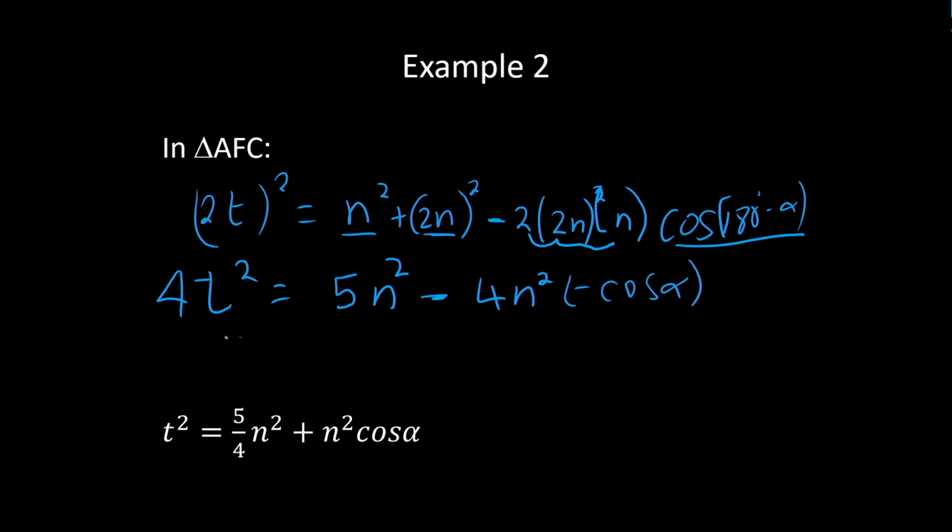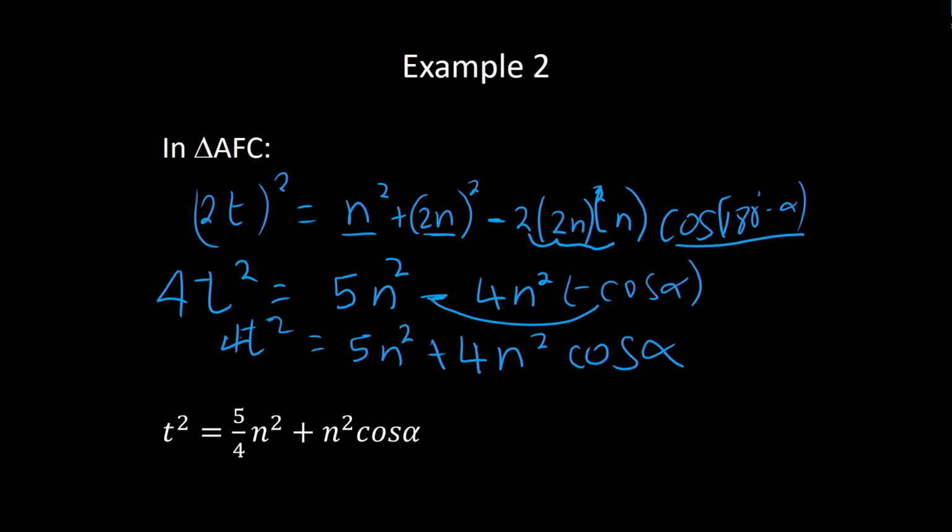All right, so we get 4t squared is equal to 5n squared minus times a minus is a plus, so it's actually plus 4n squared cos alpha.